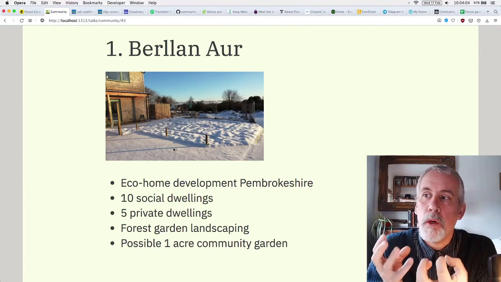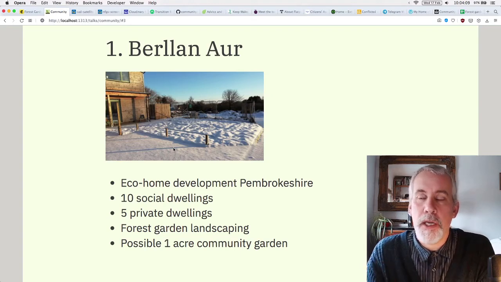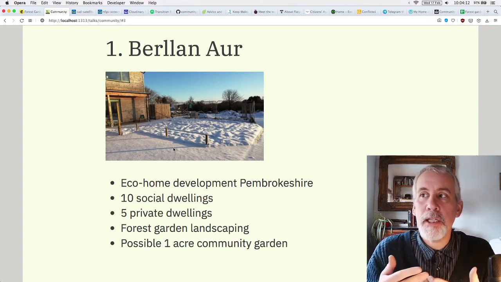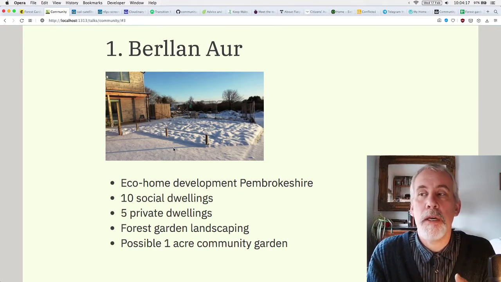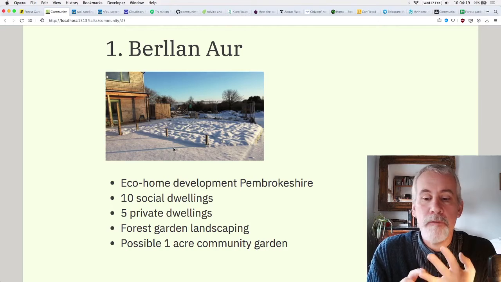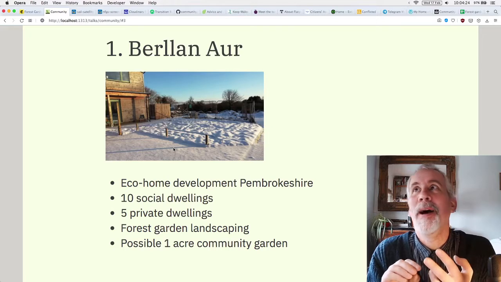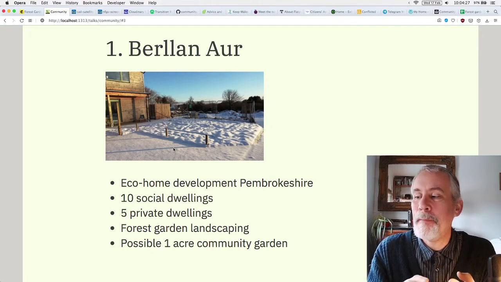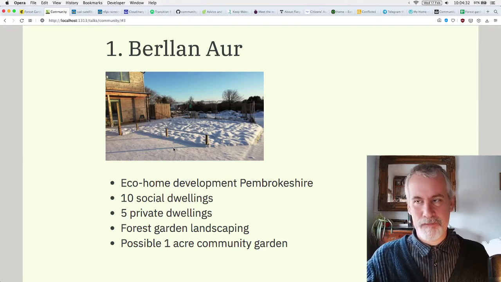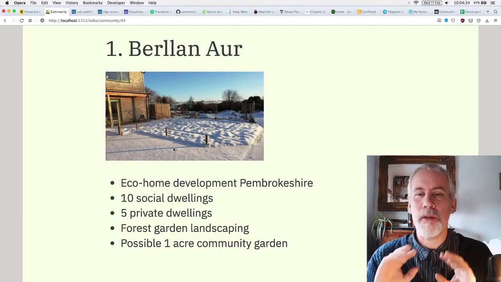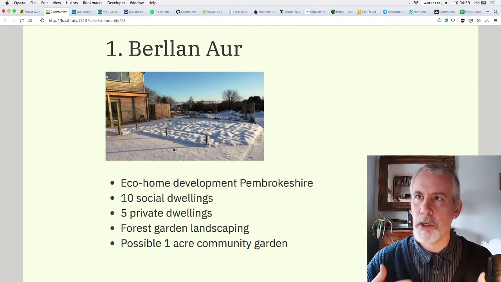I want to involve the residents in a community garden organisation, so that they can maintain their fruit trees and fruit bushes themselves, and then also with a view to setting up a community forest garden, which will include allotment, children's play area, orchard, fruit trees, seating, and essentially a forest garden. So really exciting project, and this is what I am interested in doing.